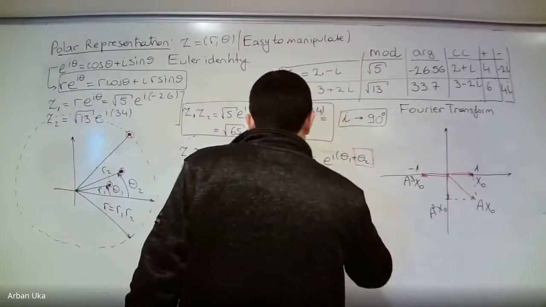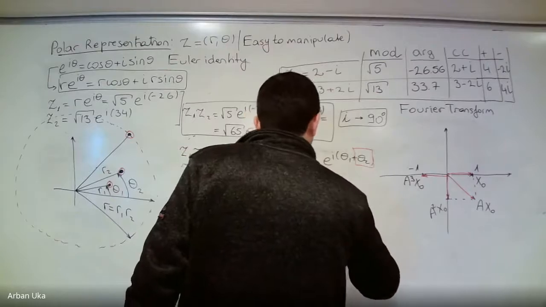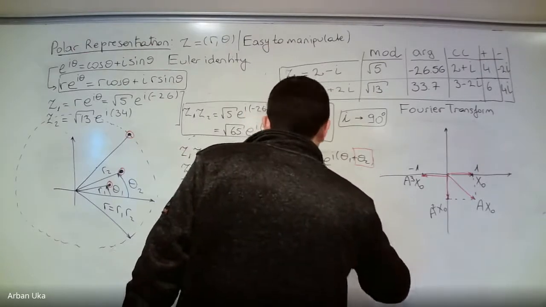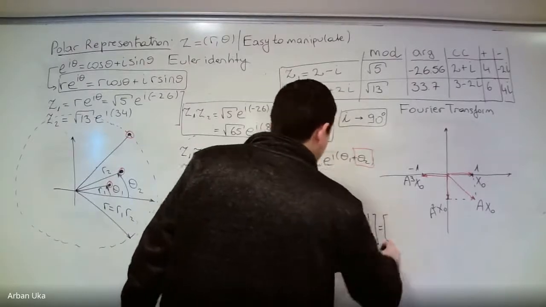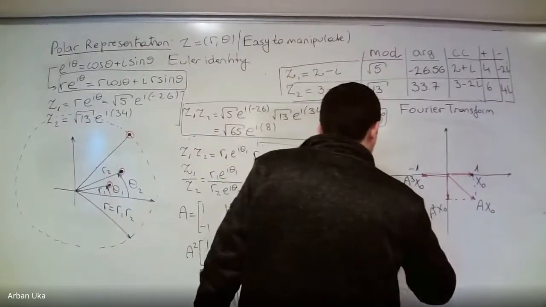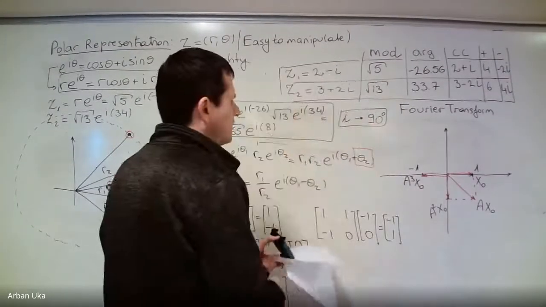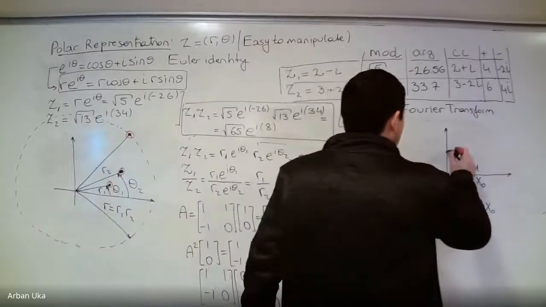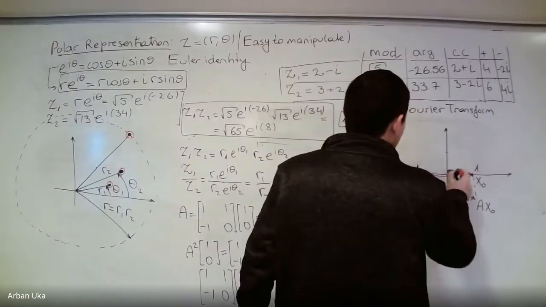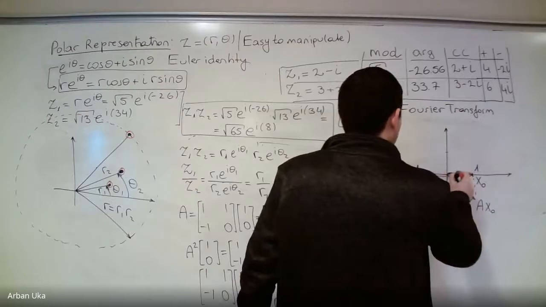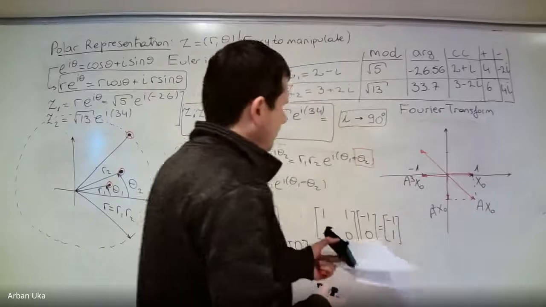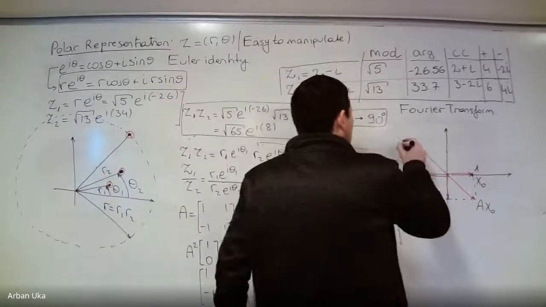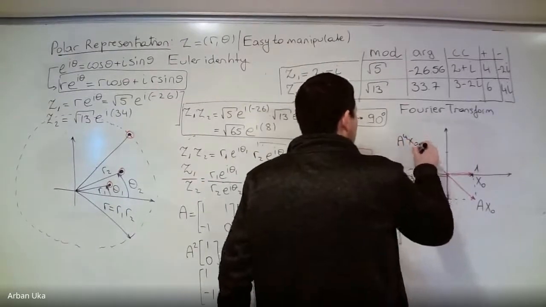Let's keep multiplying. Here we have 1, 1, minus 1, 0, times minus 1, 0. What is the result here? Minus 1, 1. Where is minus 1, 1? It's a vector which is going to be somewhere here. And this vector is A to the power 4 times x0.